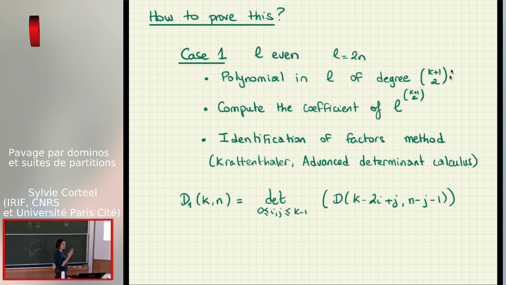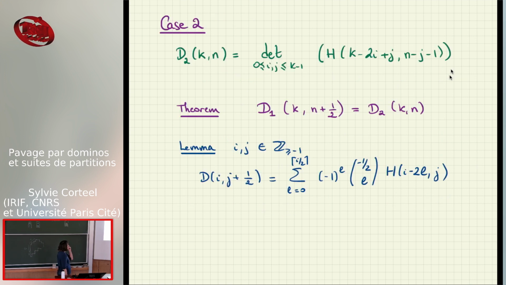So that's the case where L is even, but when L is odd, and you want to compute this determinant of H, which is a sum of two Delannoy numbers, actually, if you prove the L even, the L odd comes for free. Okay, you can do some simple manipulation of rows and columns, and you can extend the result for L even to now you don't only compute it for integers, but also half integers.